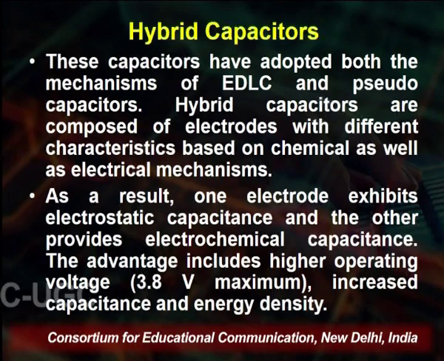Next is the hybrid capacitors. These capacitors have adopted both the mechanisms of the EDLC and the pseudo capacitor. That's why it is called a hybrid. Hybrid capacitors are composed of electrodes with different characteristics, based on the chemical as well as the electrical mechanism. As a result, one electrode exhibits the electrostatic capacitance and the other provides the electrochemical capacitance.